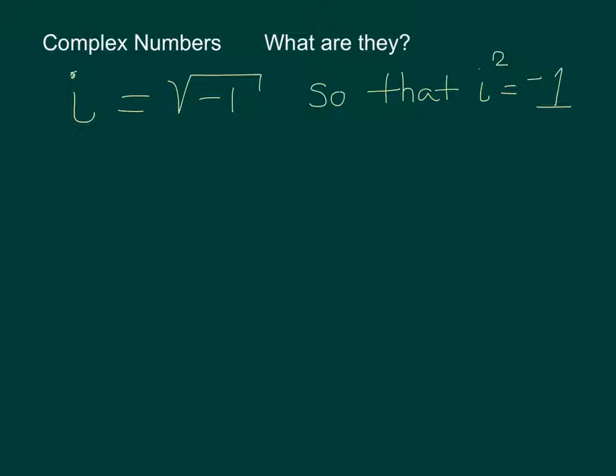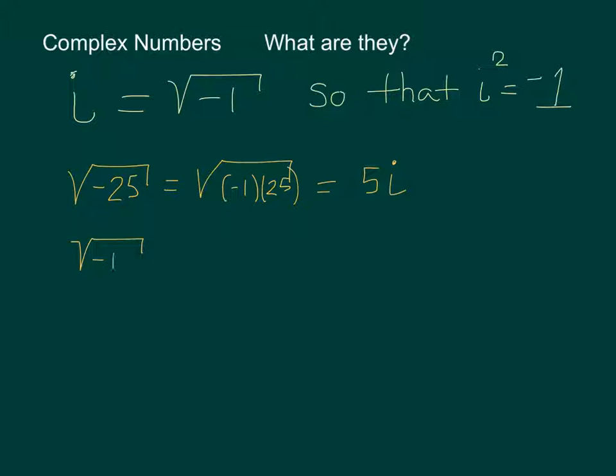So now when we want to take the square root of a negative number, like the square root of -25, we can think of that as -1 times 25, and the -1 will come out of the radical as an i, and we'll get 5i. Similarly, the square root of -100, 10i.